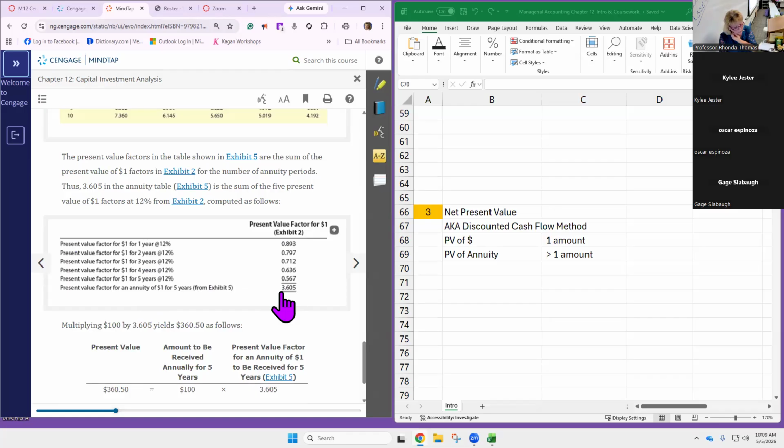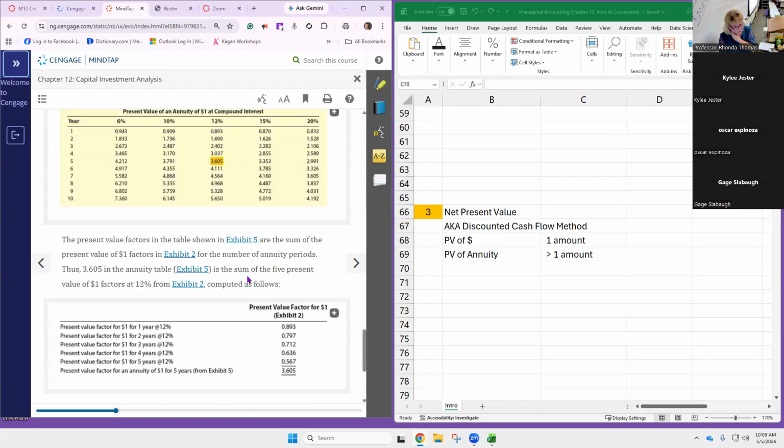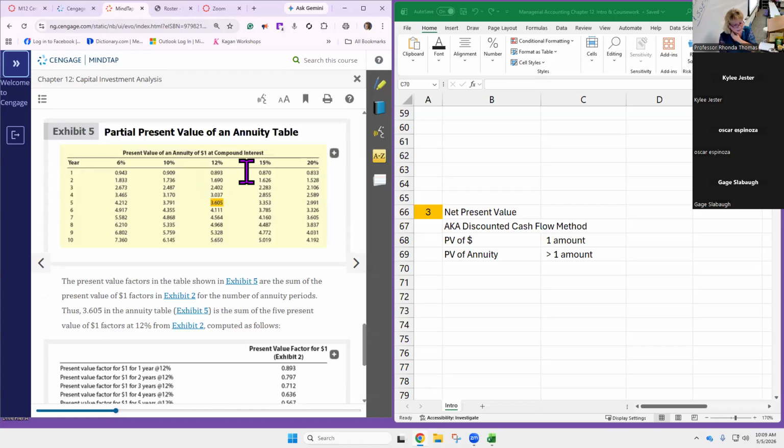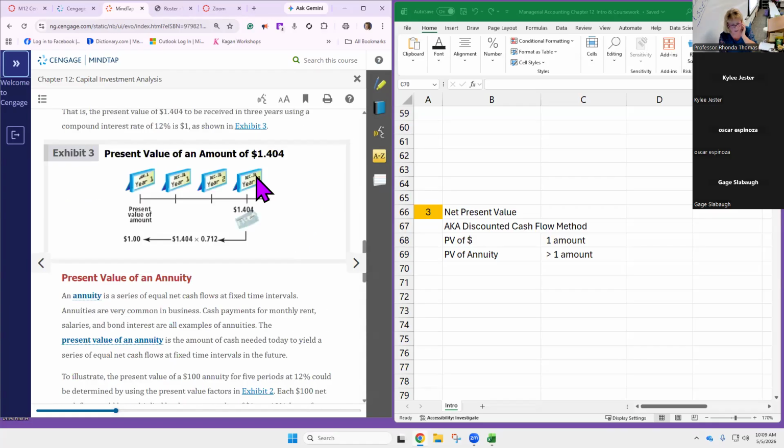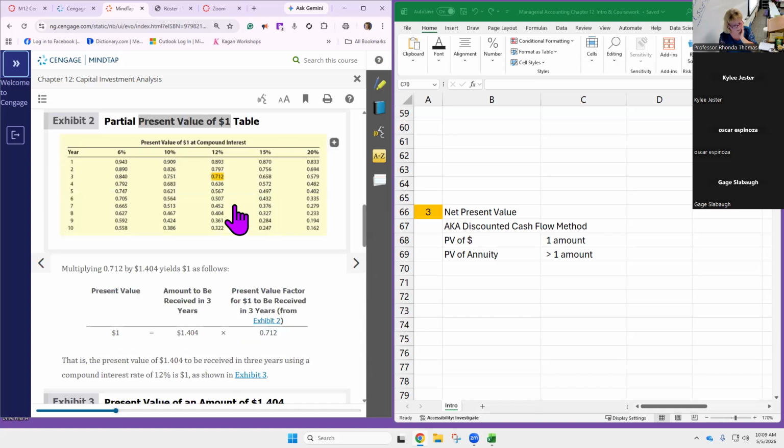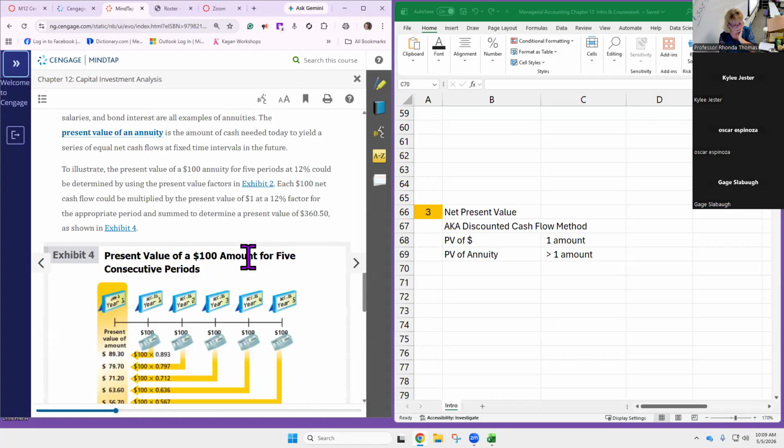And if you add up all of those, that is the number that you find if you looked up 5 years. So this number here, 3.605, goes along with being 5 amounts of the same one. This one is just one amount at 12% for 3 years.